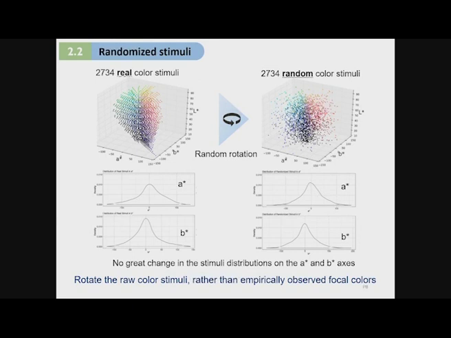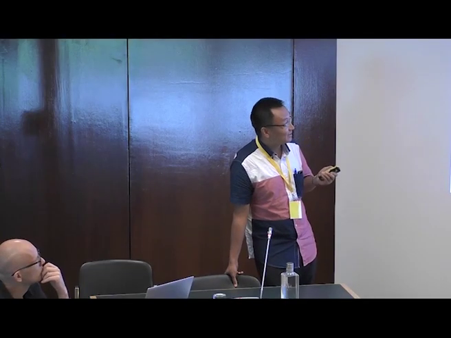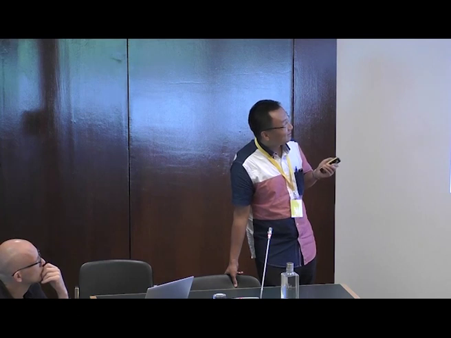And then in order to manipulate the human perceptual constraints on colors, we conduct a randomization of this real color stimuli and create a randomized color stimuli with the same number of color stimuli, but all these stimuli are rotated randomly along the L-axis, a random angle.